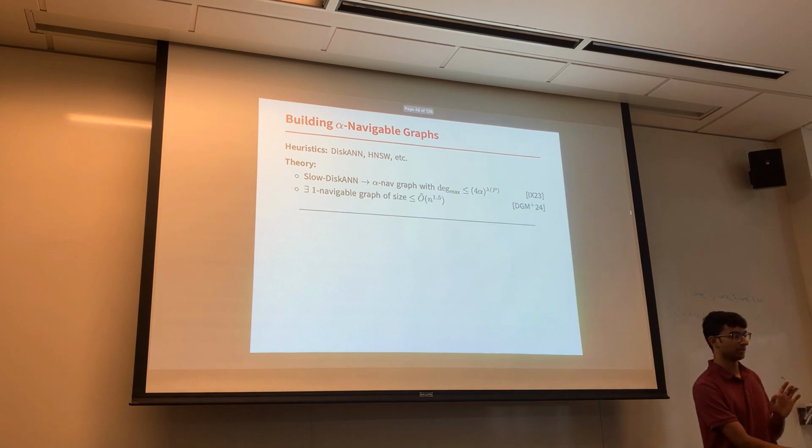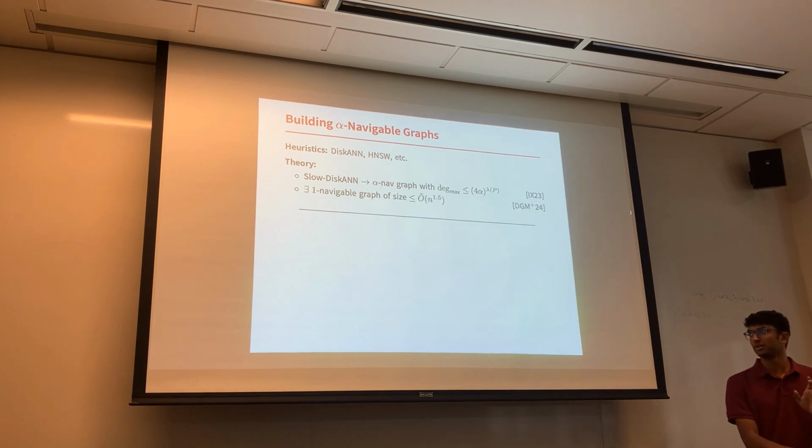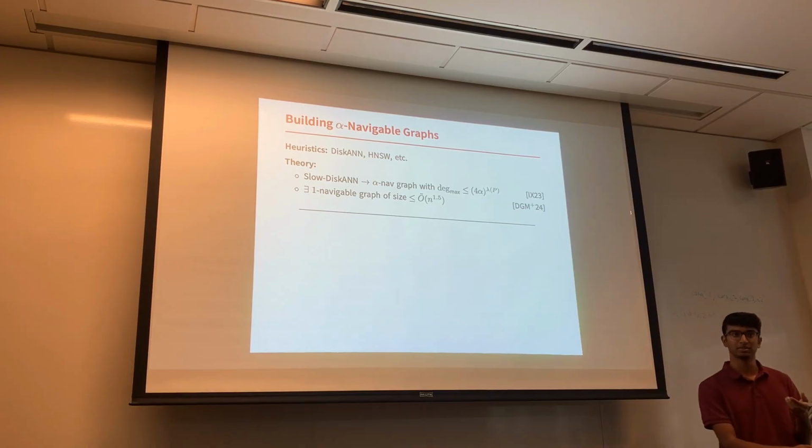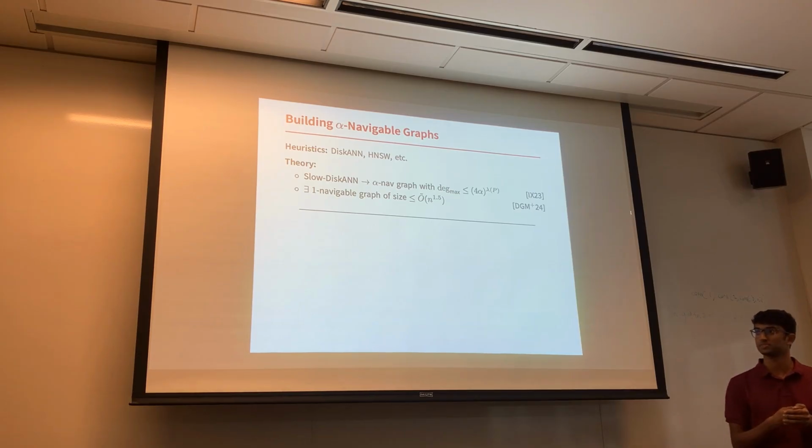And last year, there was this follow-up work, which really focused on the case of alpha equals 1. And they showed that for any metric, there's always a 1 navigable graph with not too many edges, at most n to the 1.5 edges. And they proved the matching lower bound as well.